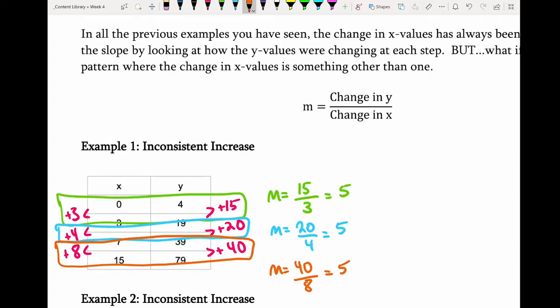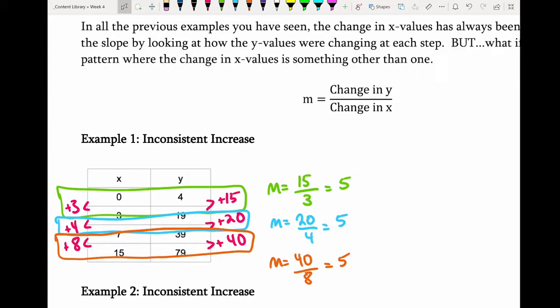So basically, regardless of which two points I use or which change I look at, as long as they're paired up, the slope should be the same, especially for a linear relationship. So for every change in y of 15, the change in x is 3. I reduced all of these different examples to 5.